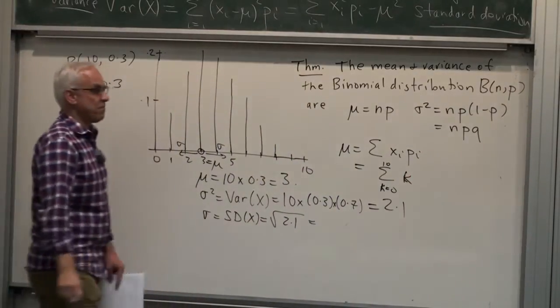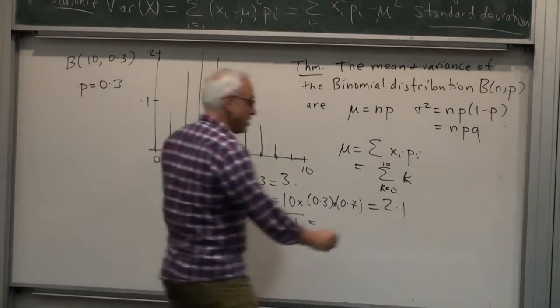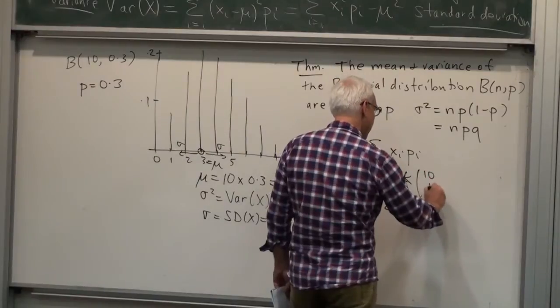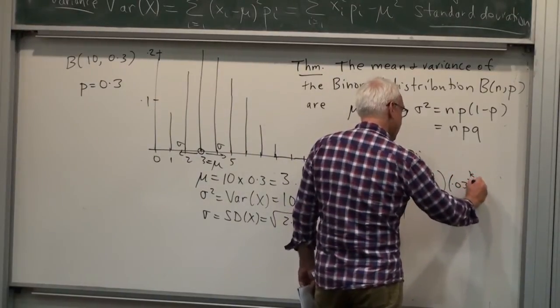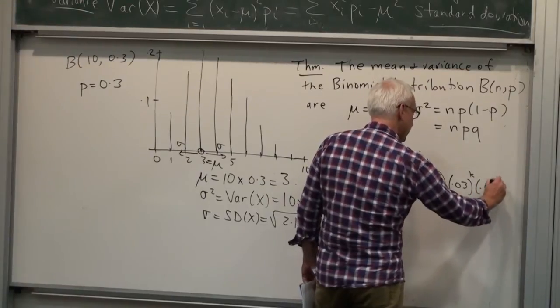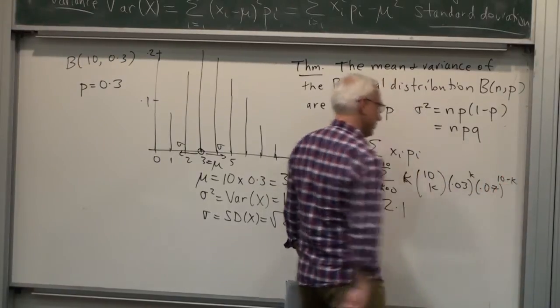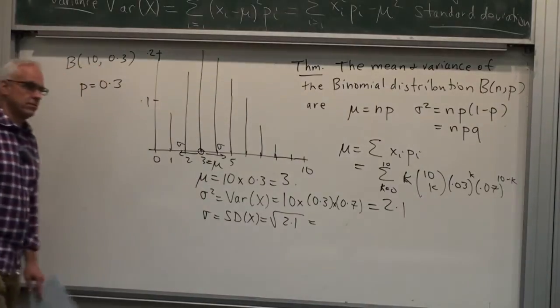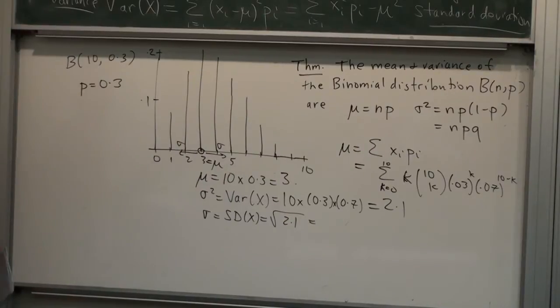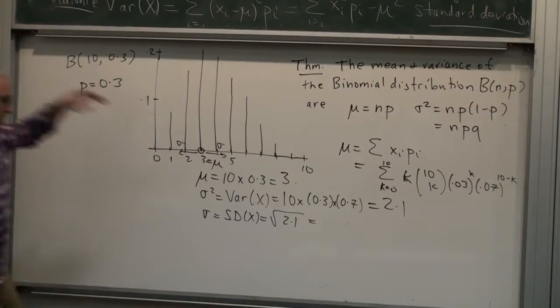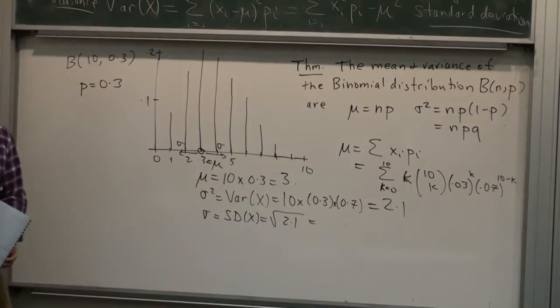And the probability of k is 10 choose k times 0.3 to the k times 0.7 to the 10 minus k. Okay, that's not an entirely trivial kind of sum, and the variance is even more complicated.